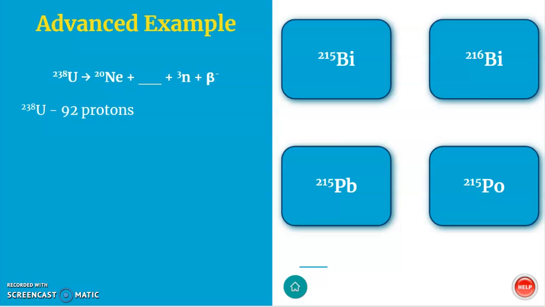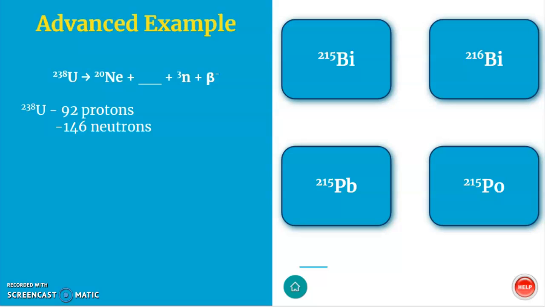It's uranium-238. Uranium, from our periodic table, we know has 92 protons, always, forever, no exceptions. Uranium-238, that mass gives us the number of neutrons, which is going to be 146. If you add 146 and 92, you get 238. If you have 92 protons, it's uranium.